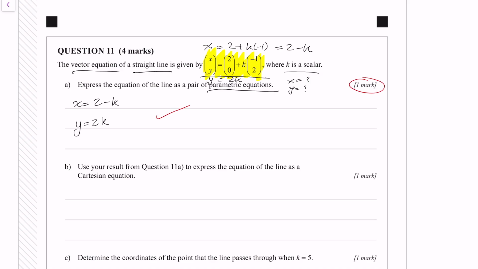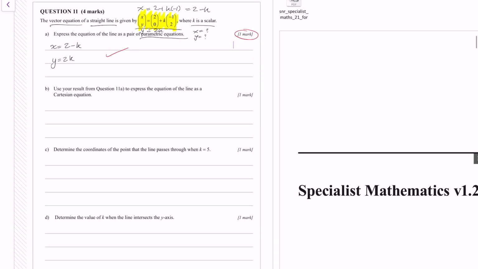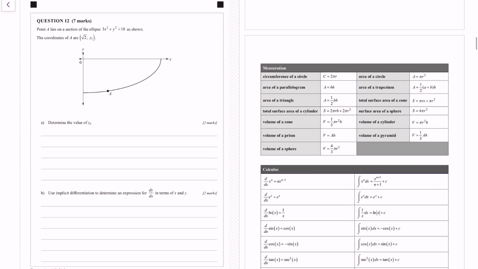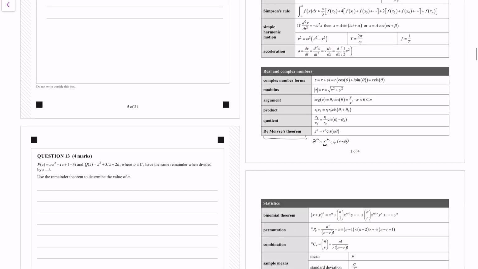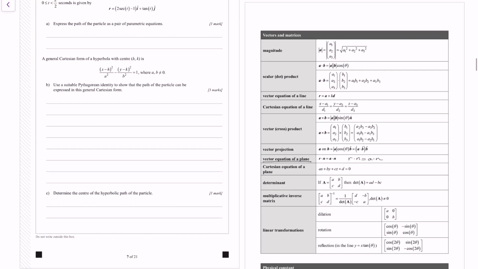Right, pretty easy. What I'll quickly do is I'll get the formula sheet up on the side here so we can work with it. Okay, should be coming up now. Cool. And in case you forgot about the vector equation of the line, I believe it's in here.